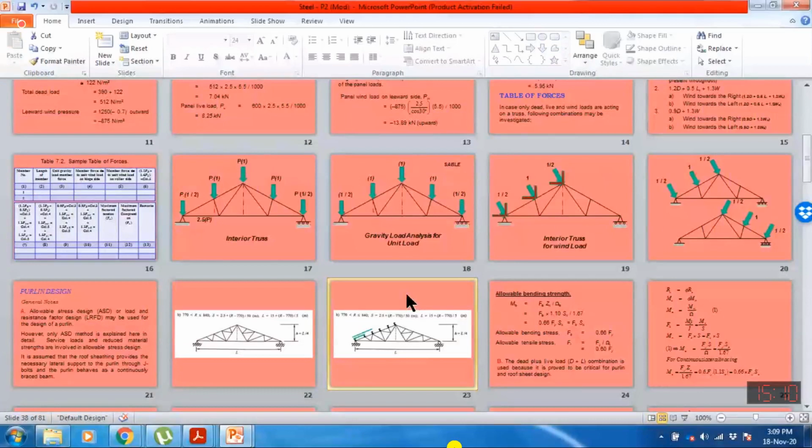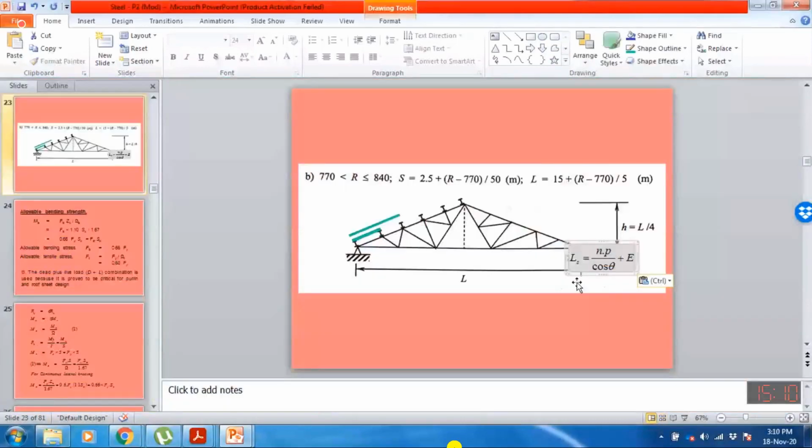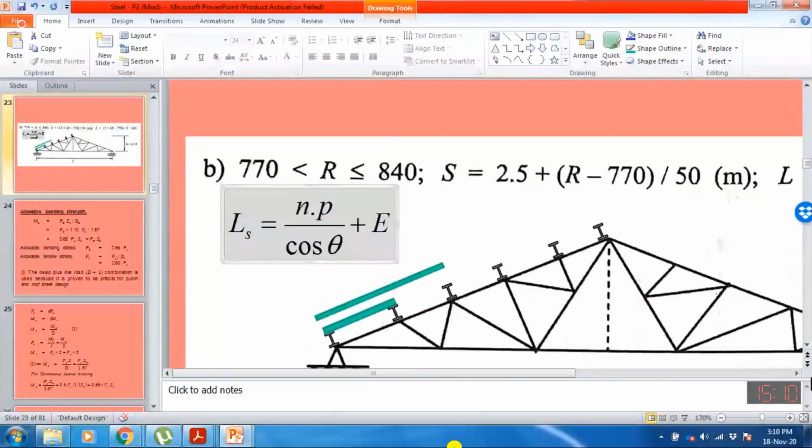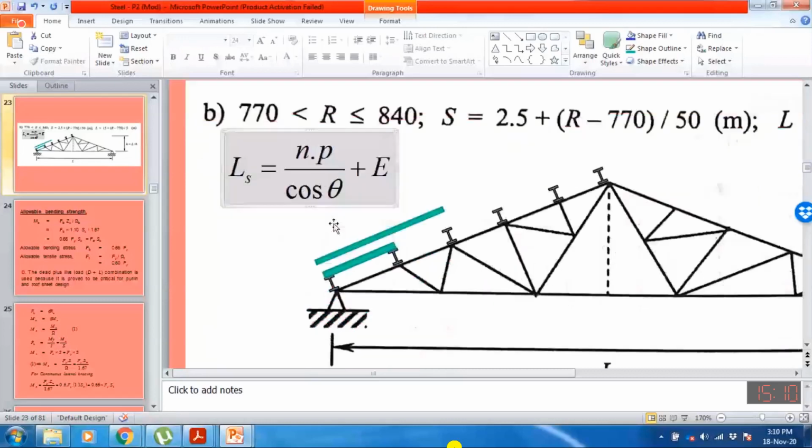Yes, now we will maximize it. I told you that the maximum length of the sheet available in the market is 4 meters. Actually we know the panel point. Let me show this sheet on this side also.